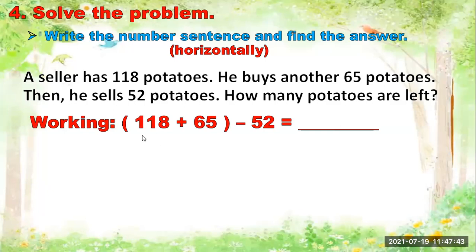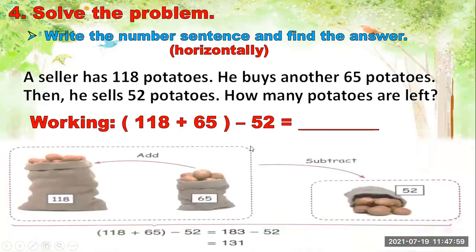So as you can see here, 118 plus 65. These are the operations that we use here, plus and minus. 118 potatoes plus 65 potatoes minus 52. So look at the picture here. As you can see here, there are 118 potatoes, and then we will add 65 potatoes.